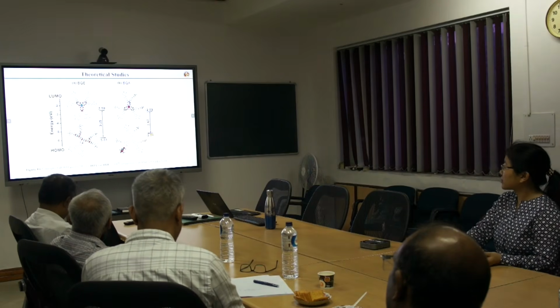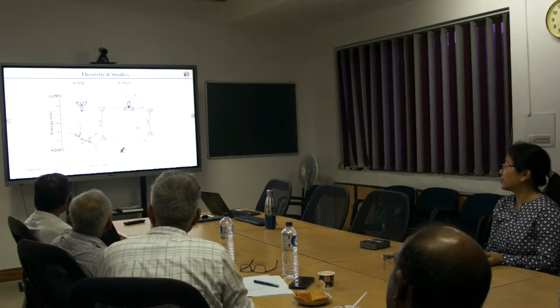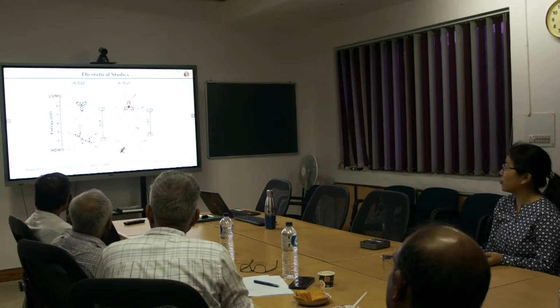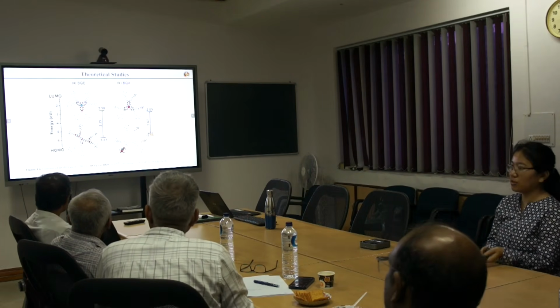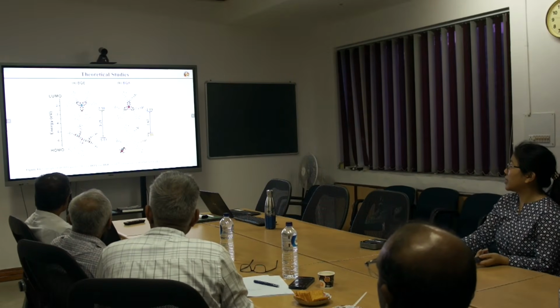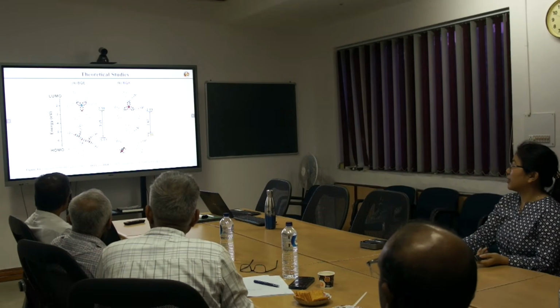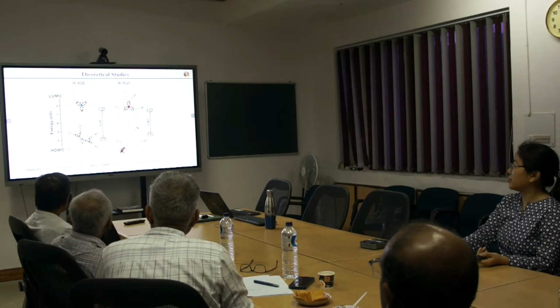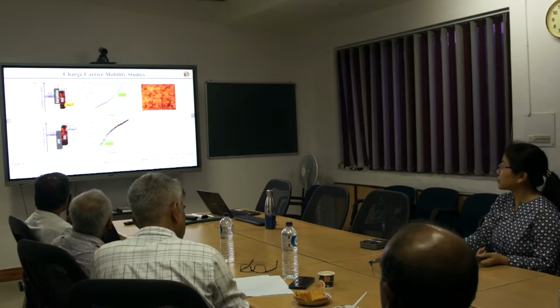So these are the HOMO and LUMO distributions of the molecules. In both the molecules, the LUMO was concentrated on the benzotriphenylene core, whereas in the BQA molecule, the HOMO was localized only on one of the terminal phenyl rings.